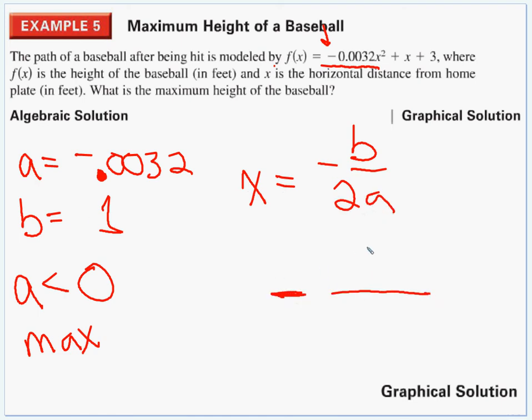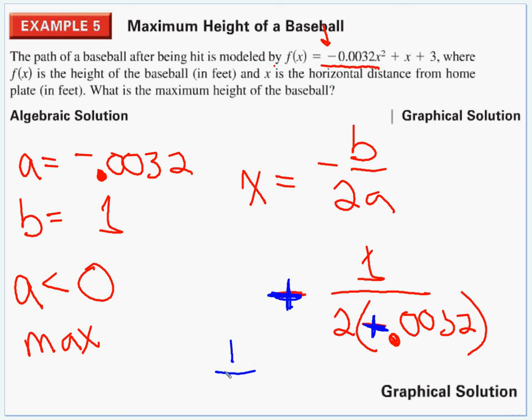Our b value is 1, and then down here we have 2 times a. So this will be 2 times a negative 0.0032. So this negative, let me switch over to blue ink, this negative and this negative will multiply to be a positive. And our numerator is just a 1. And down here we have 2 times 0.0032. That is 0.0064.